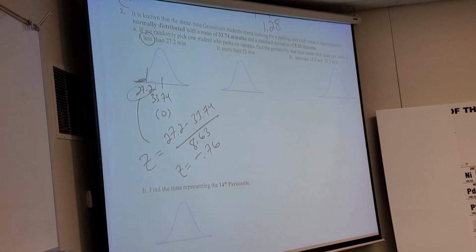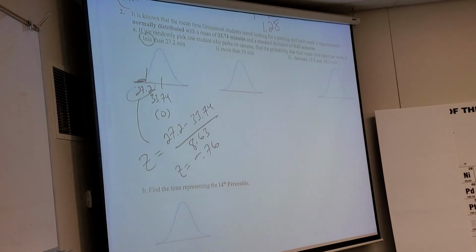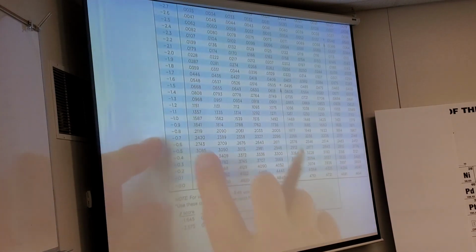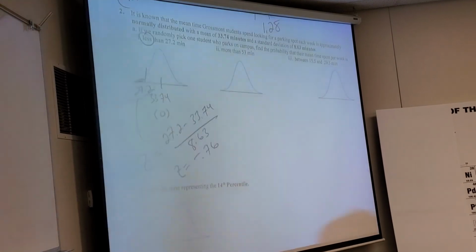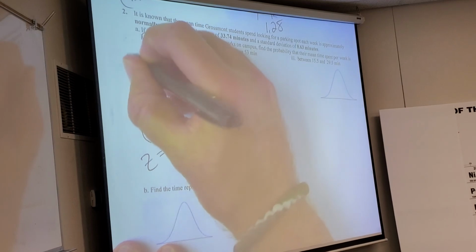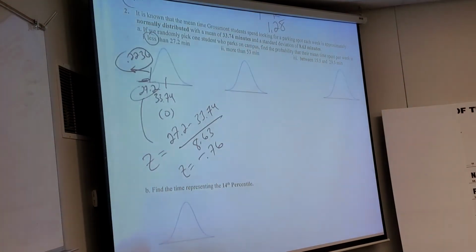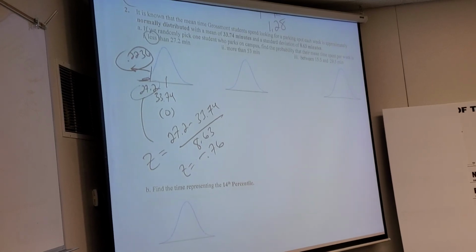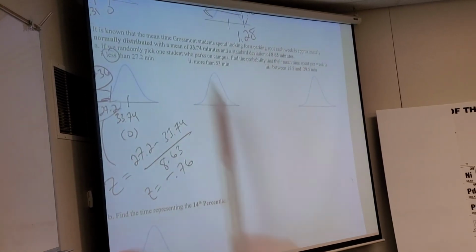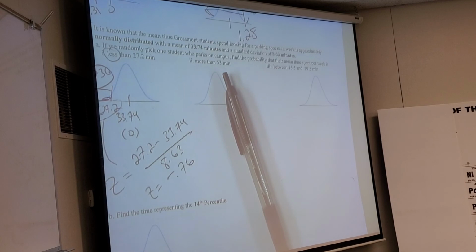All right. So if you look up negative 0.76, what do you get? 0.2236. Is that the answer? Yes, because it wanted the area below something, and that's exactly what the chart tells me. All right, so you guys keep going.